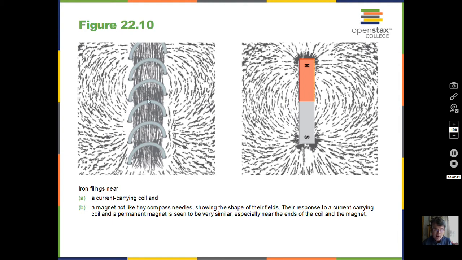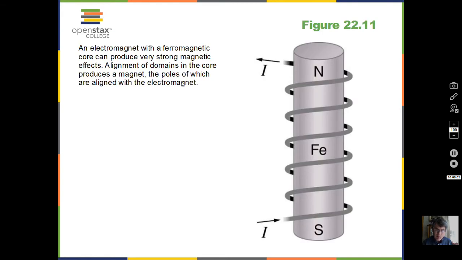If we pass an electric current through a coil of wire, a solenoid, then we'll find there's a strong magnetic field inside the coil, and there's this somewhat dipole pattern of magnetic field outside, shown by the arc of the iron filings laid out for you there.